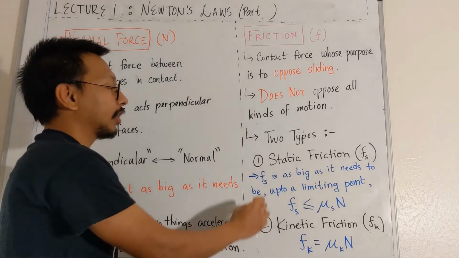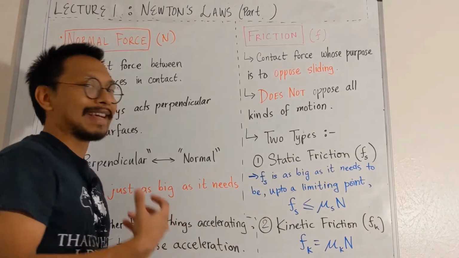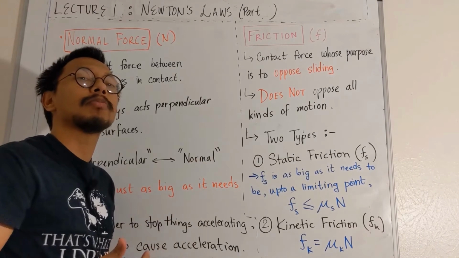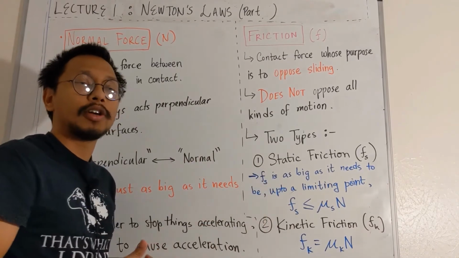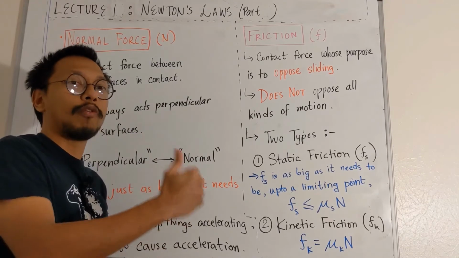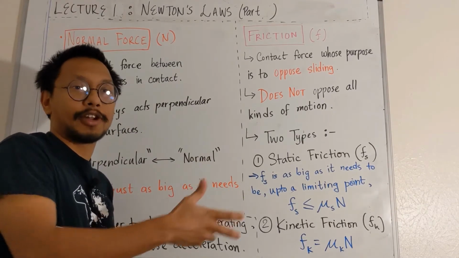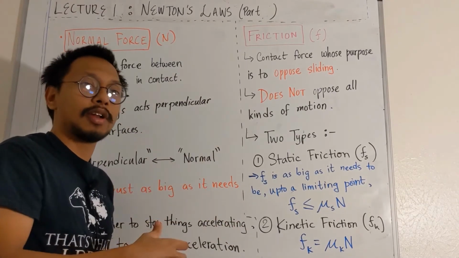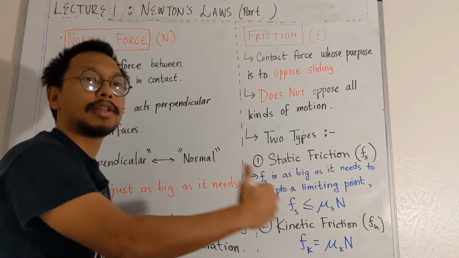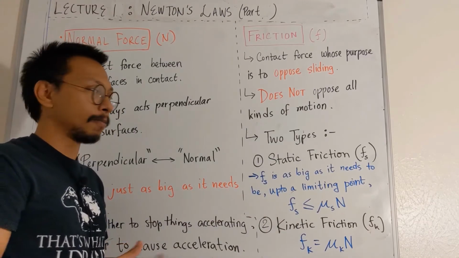So static friction is as big as it needs to be to prevent one surface from sliding on the other, but this friction is not unlimited. If you overcome that limiting static friction, then you would be able to make that surface slide over the other surface.